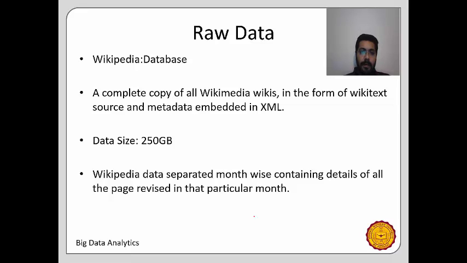The complete data set we are dealing with is 250 GB, and it is separated month wise, meaning for one particular month we have one separate XML file. I downloaded the data for 5 months. One month is around 50 GB, so the total data comes to around 250 GB.